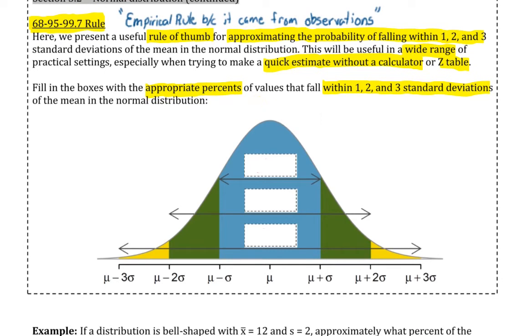Now, the empirical rule says that if you're starting at your mean, the center of your distribution, and you were to go up 1 standard deviation, so mu plus sigma, or down 1 standard deviation, mu minus sigma, then this is where we should expect to find approximately 68% of our data.